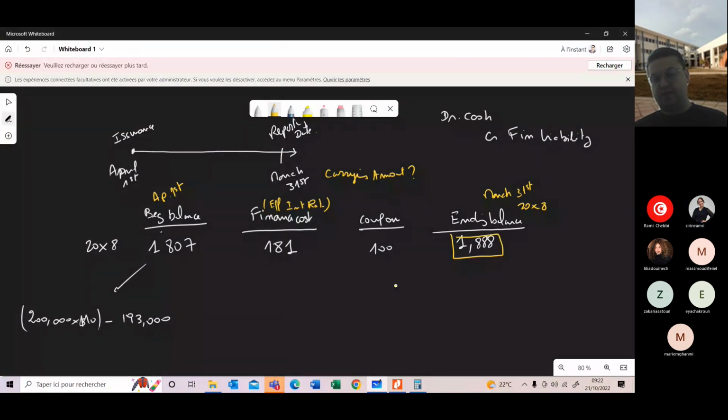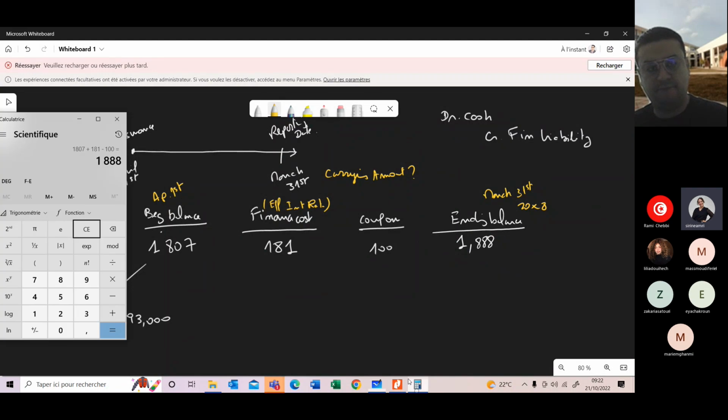Sir, I have a question. Please. In the finance cost, isn't it the effective rate multiplied by the beginning balance, 10% of 1,807, normally not 181? I just rounded to the nearest dollar. 1,807 times 0.1 gives 180.7.